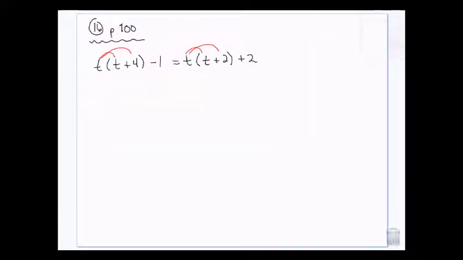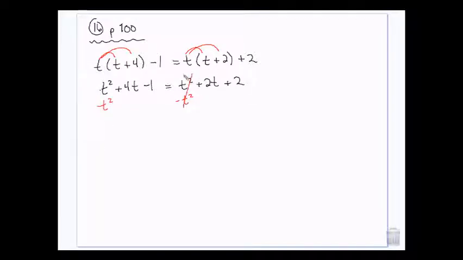So I'm distributing that t, which means I'm going to get t squared plus 4t minus 1 is equal to t squared plus 2t plus 2. And then you might look at that and go, you haven't taught us how to solve t squared yet, which is true. However, look what happens when I decide to move all my t squareds together.